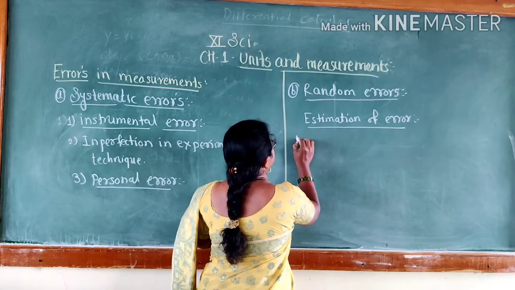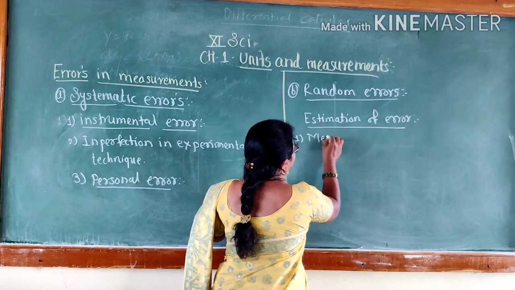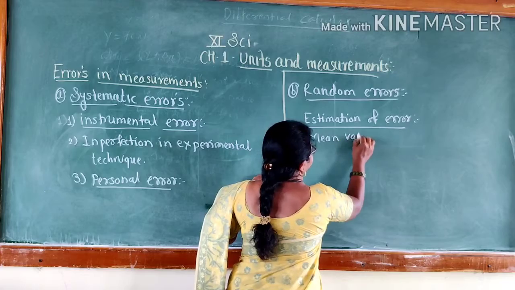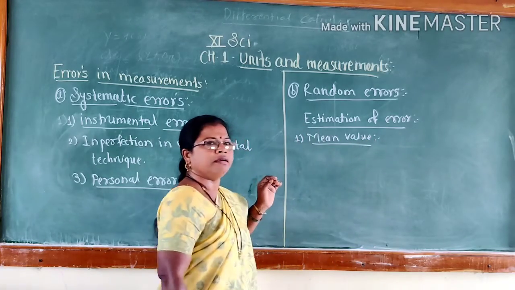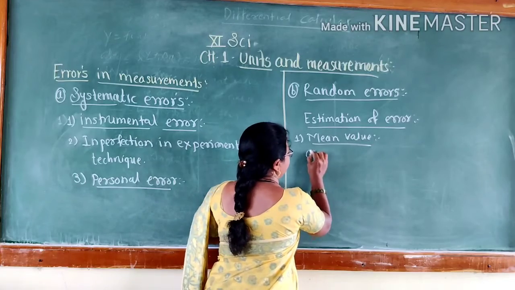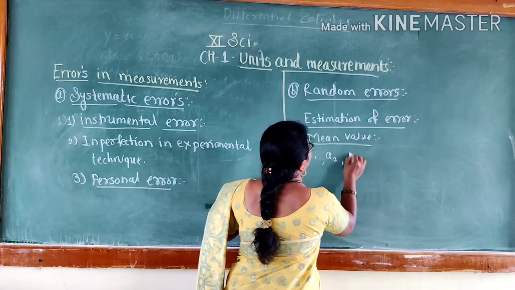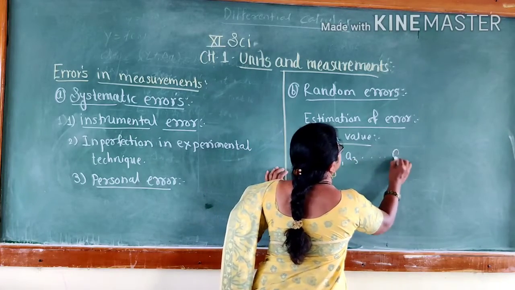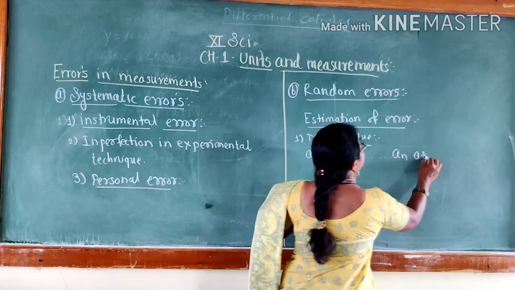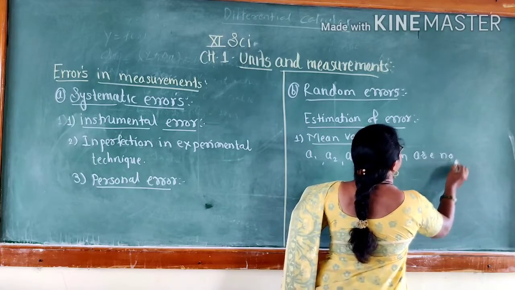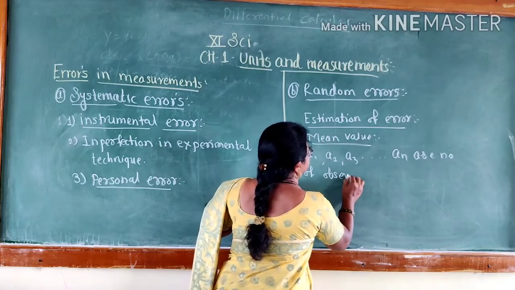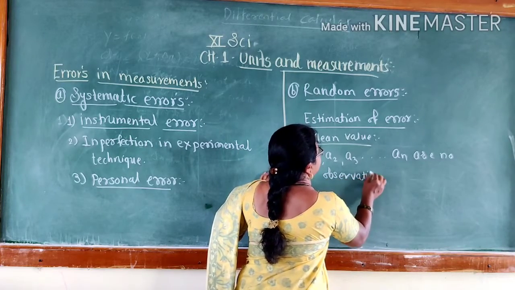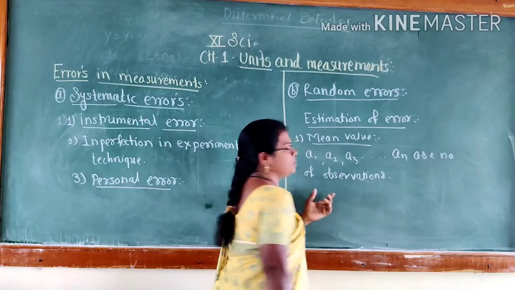And the first one is the mean value. How to find it? Suppose there are n observations, for example A1, A2, A3 up to An, a number of observations taken by the observer.